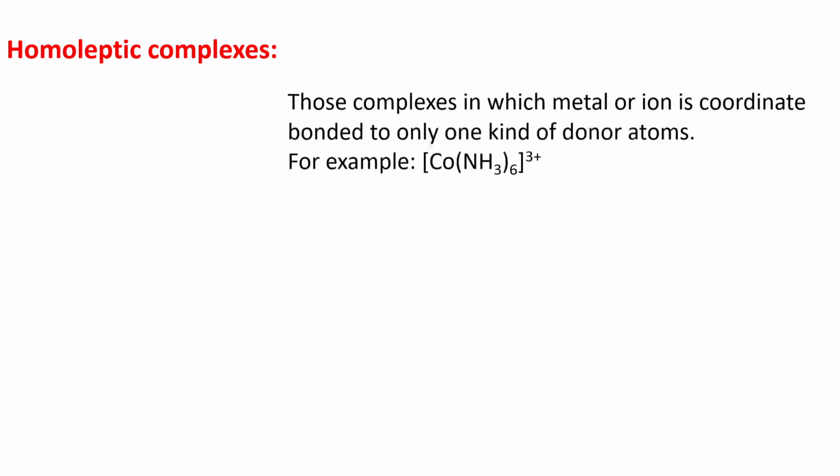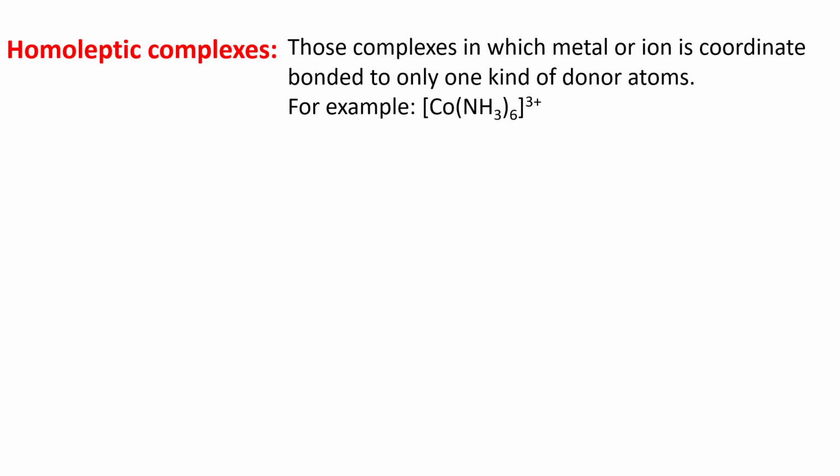So let's move forward to some other concepts, like what are homoleptic complexes. This is not a part of the Werner theory, but let us study some other terms like homoleptic complexes. Homoleptic complexes are basically those in which the metal ion is coordinated to only one kind of donor atom.